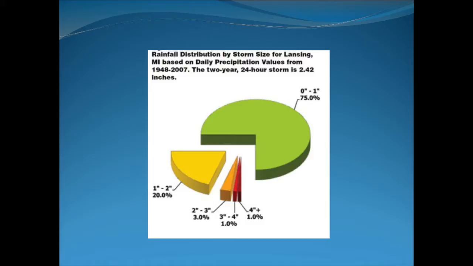We know that most of the storms, 75% of the storms are 1 inch or less. So if you capture this, you would treat 75% of the storms or less. You would take out 75% of the pollutants. Not only that, but you've heard of the term first flush. I'm sure almost everybody in this room has heard that term.